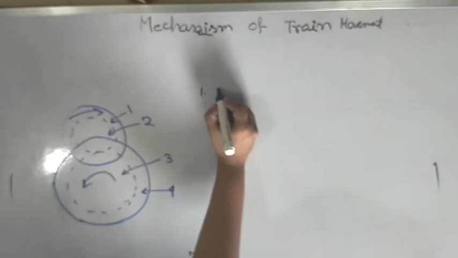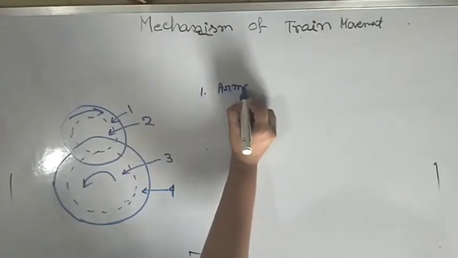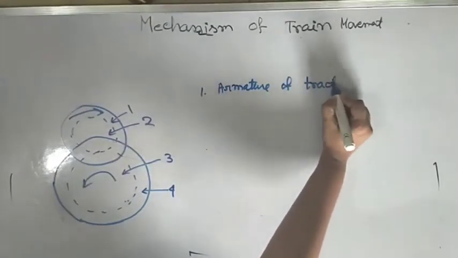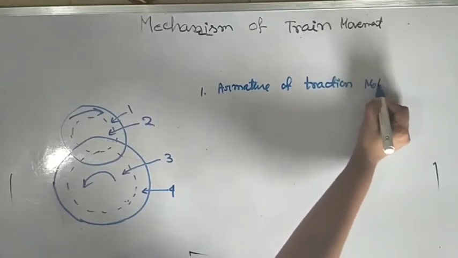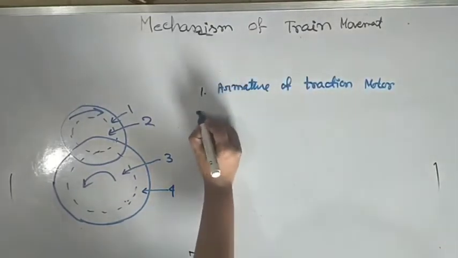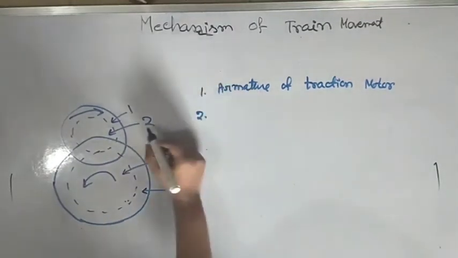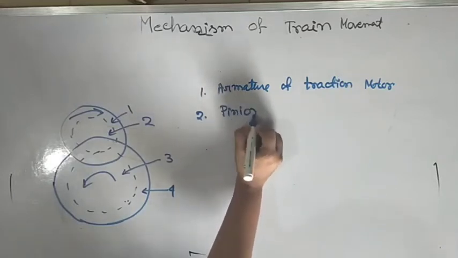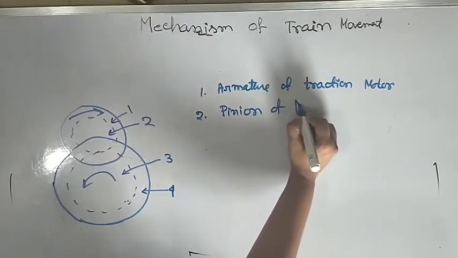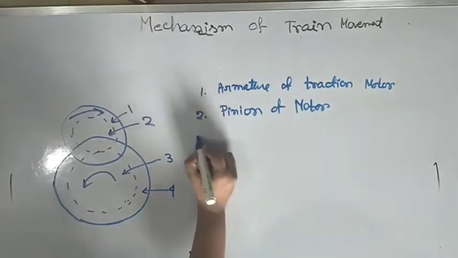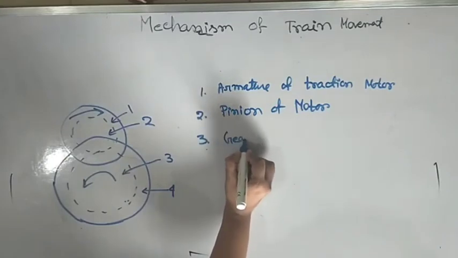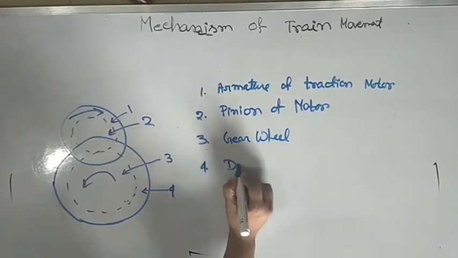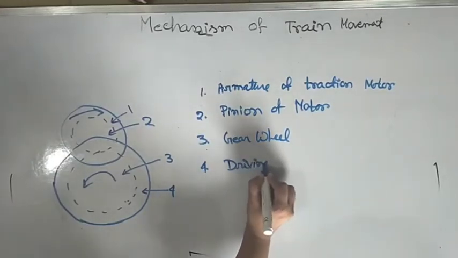Now what is 1? 1 is armature of traction motor. Area number 2 is pinion of motor. Number 3, gear wheel. And number 4 is the driving wheel.